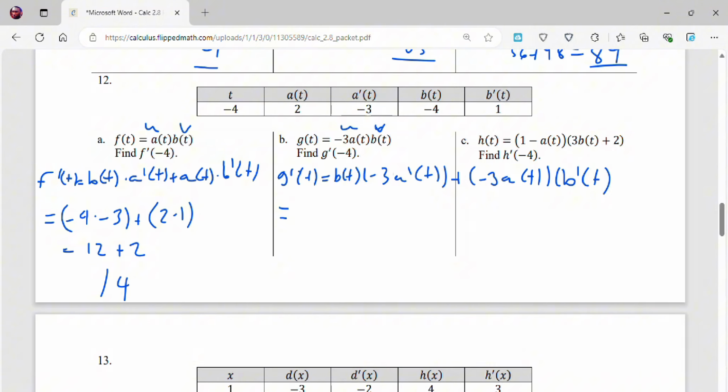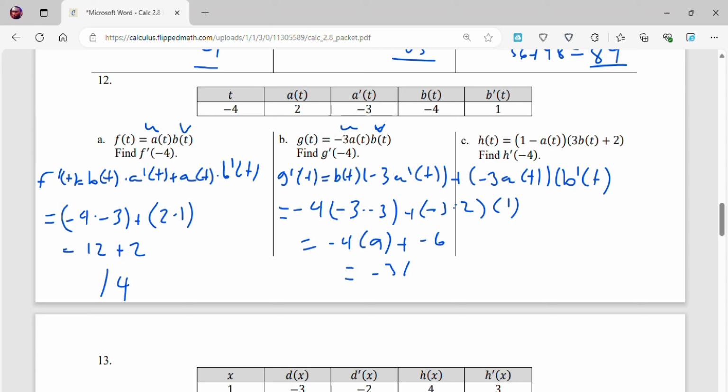Okay, evaluated at -4, we have b of -4, so that's -4 times -3 times a prime, so -3 times -3, plus -3 times a of t, which is times 2, times b prime of t, which is 1, equals -4 times 9 plus, looks to be -6, so negative 36 minus 6 equals negative 42.